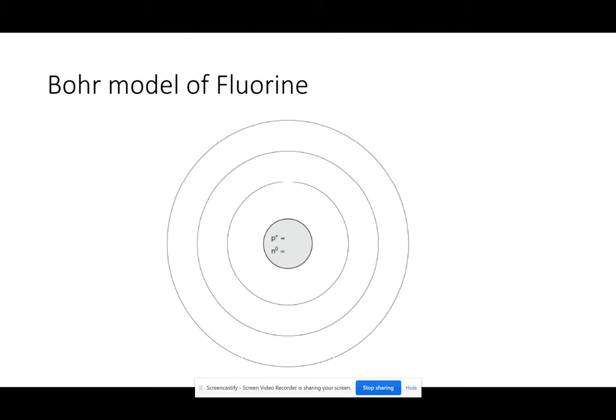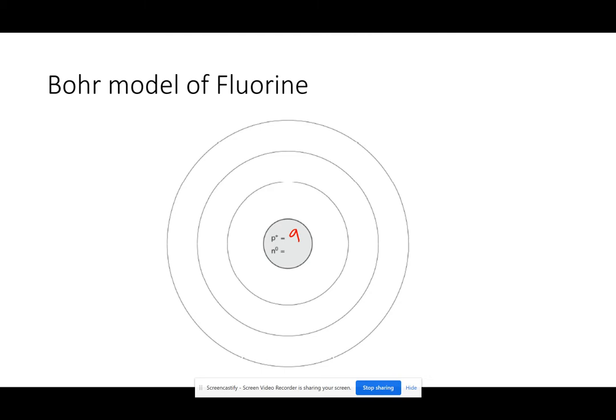To start, let's first draw a Bohr model of fluorine. You should have your periodic table with you and your note sheet, and take notes along with me while I do this. Fluorine is the 9th element on the periodic table.